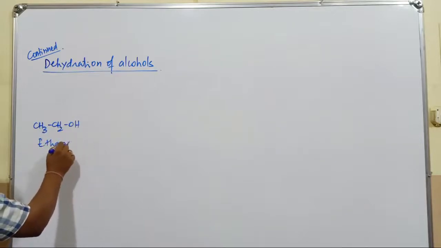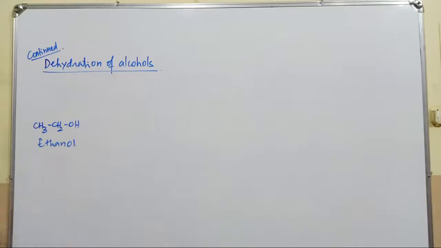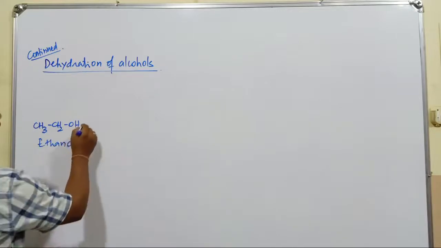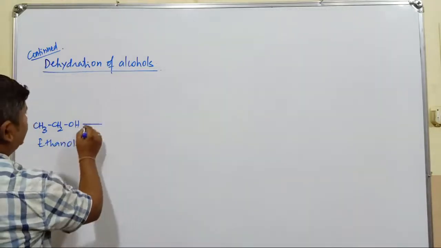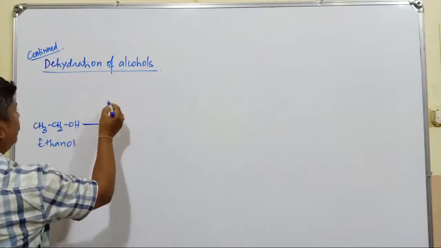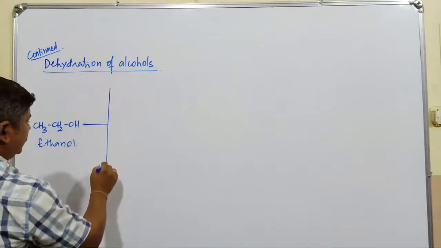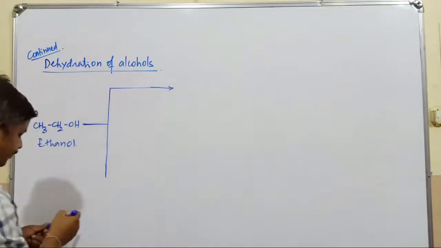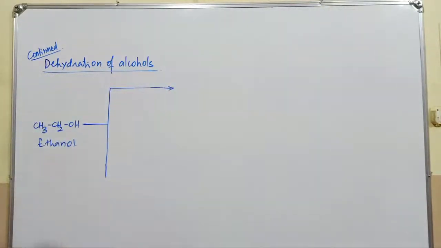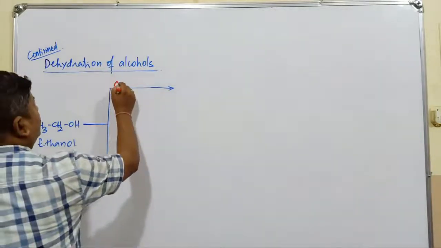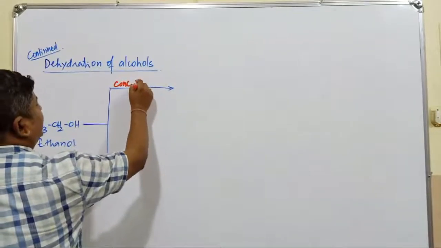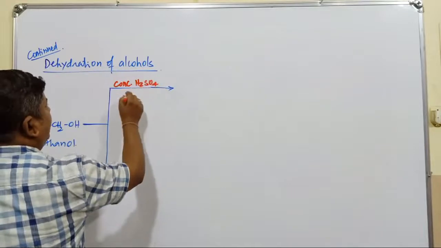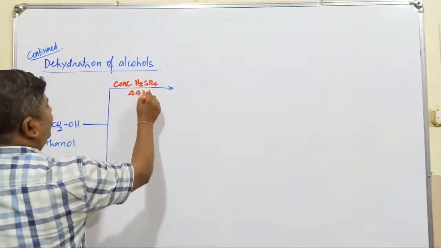Ethanol. When ethanol is treated with concentrated sulfuric acid, the product of this reaction is different. Suppose you carry out ethanol with concentrated sulfuric acid at a temperature of 443 Kelvin.